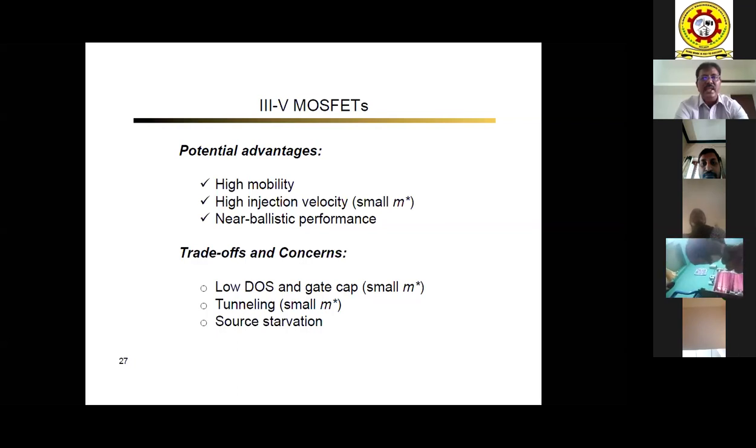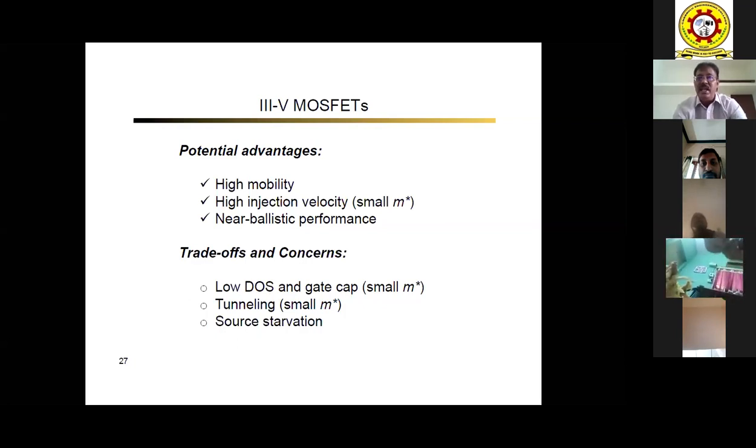And then what are the trade-offs, at the expense of what you are achieving all these things? One is low DOS. DOS means density of states, and gate capacitance is also reduced to some extent. We are now talking about parasitic capacitances, right?